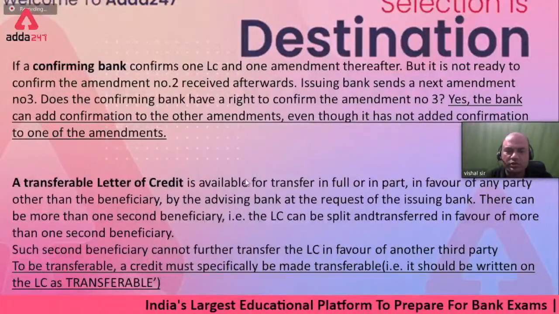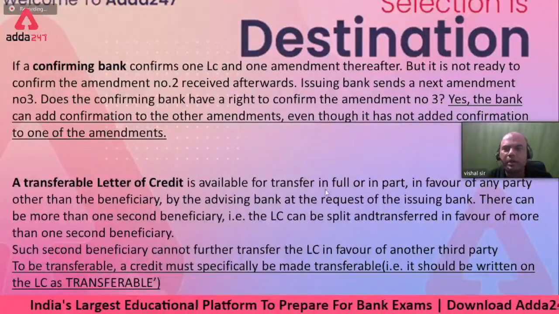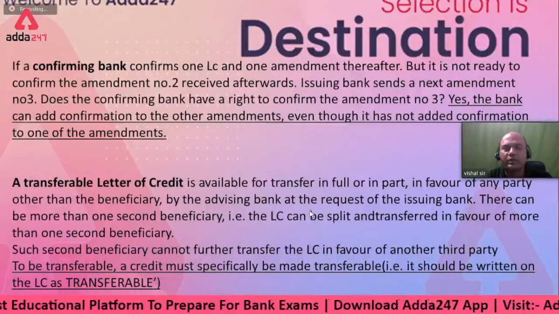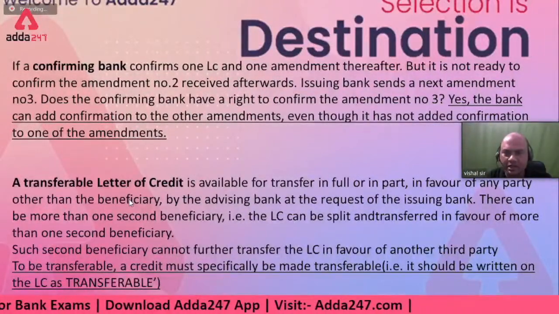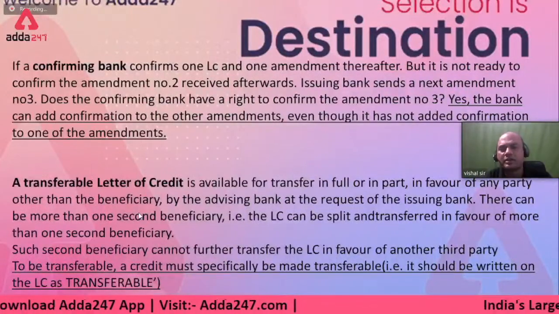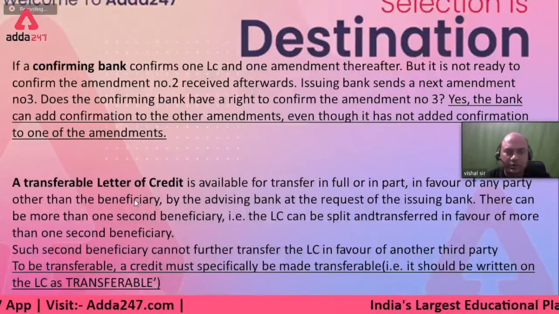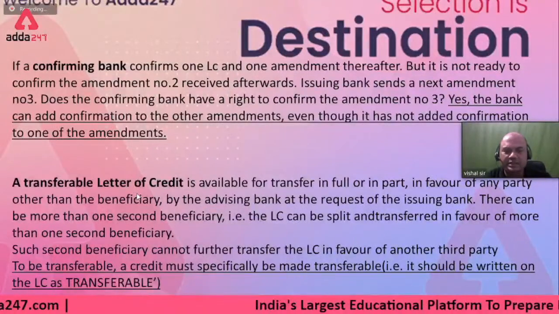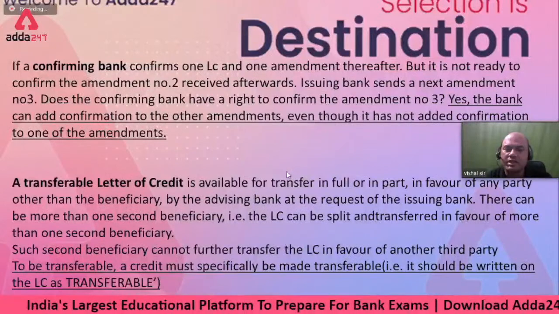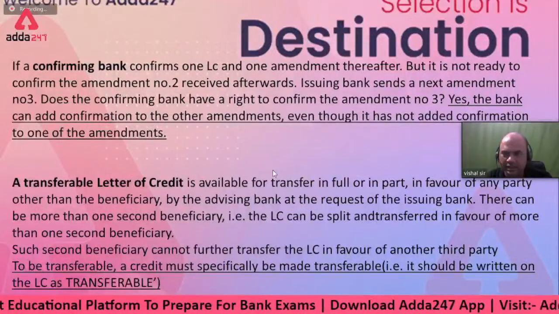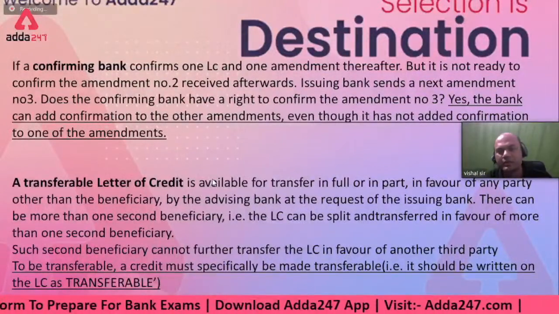An LC is issued by the issuing bank on behalf of the applicant in favor of whom? In favor of the beneficiary. Who is the beneficiary? The beneficiary is a seller. Generally, the seller produces the goods, and he sells it to the buyer. And the payment is received from the issuing bank of that LC. That is the general formula used throughout the world.